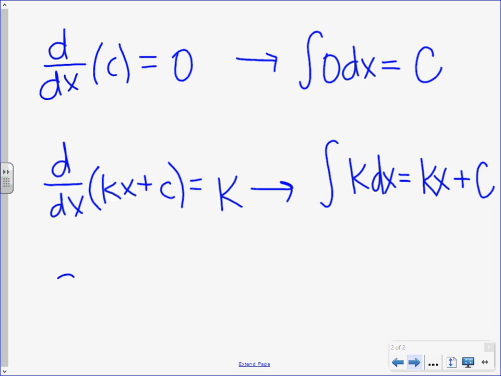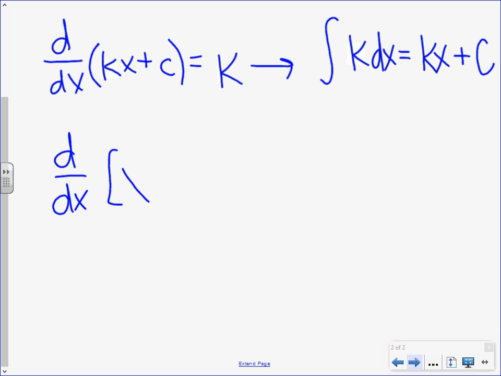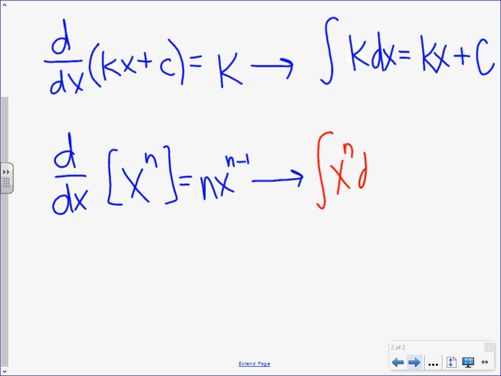And lastly today, what rule am I trying to get us to talk about here? What's that called? Power rule. So here is your power rule for anti-differentiating. If you have x to some power and you're trying to find the antiderivative, what did you do with the exponent?